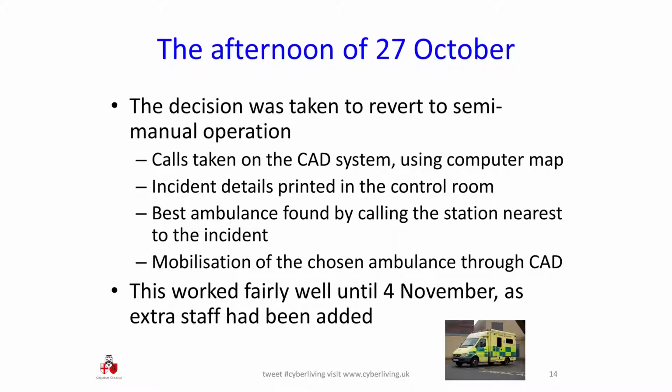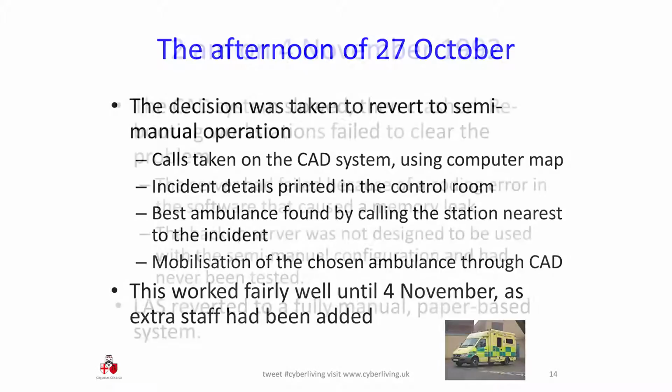And that worked pretty well until the 4th of November, but obviously it wasn't going to be sustainable long term because they were using extra staff. This wasn't what they had introduced the system for. They wanted to get back to using the automatic system.